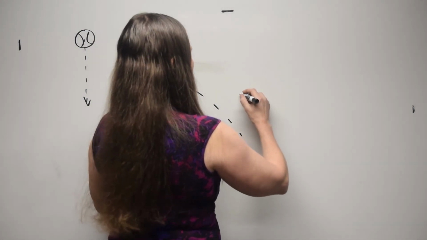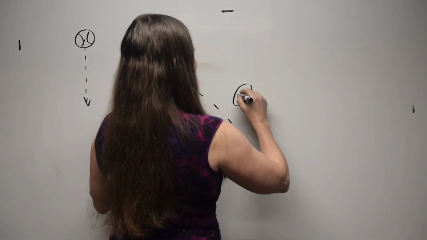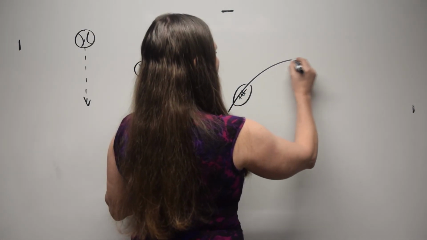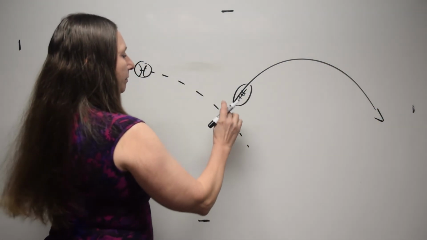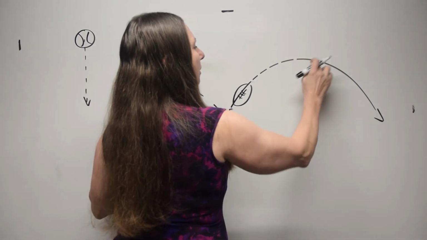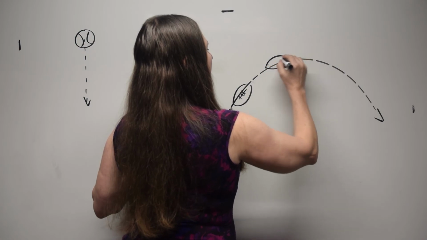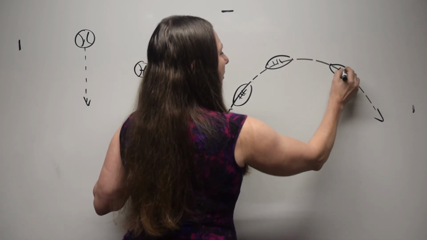You can take, for example, a football and throw the football in an arc. There's your arc. I'll put the football here, and then the football is here.